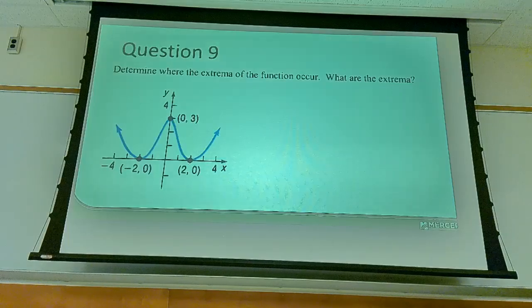Determining extrema. Where they occur and what the value is. Where the extrema occurs is the x-coordinate. The value of the extremum is the y-coordinate. That's the function value.